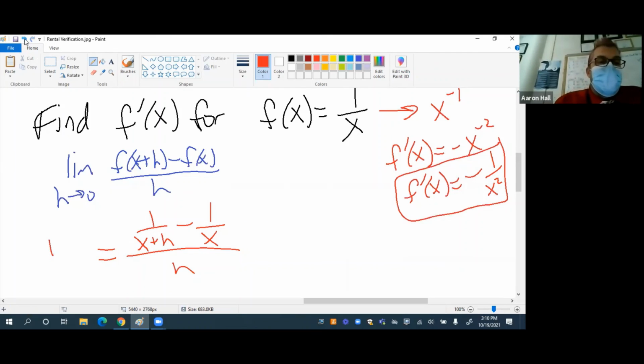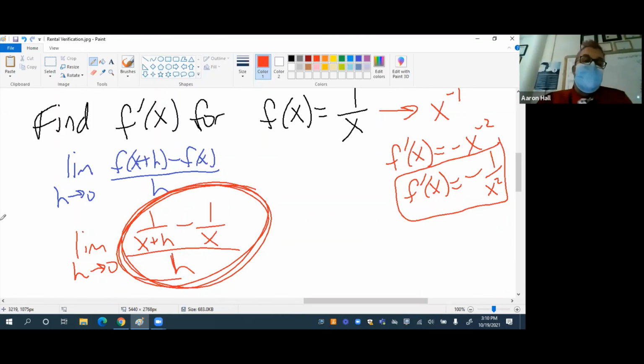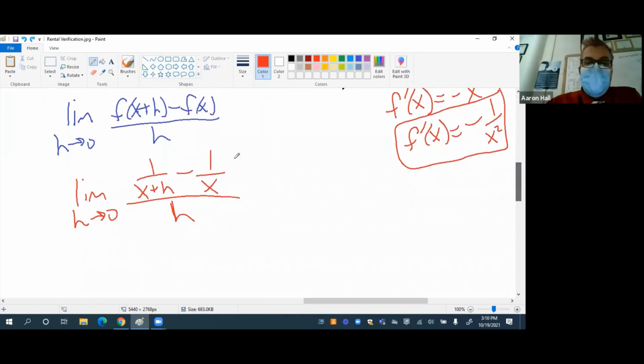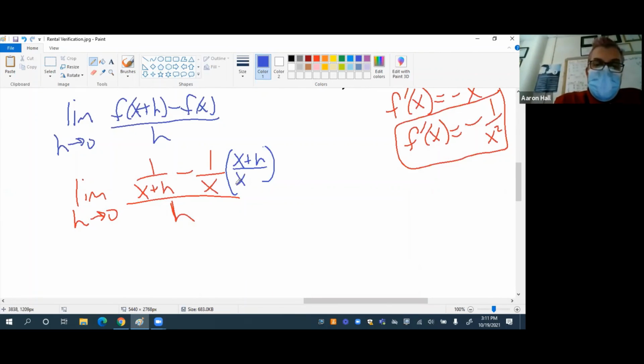Oh, not equals. How do we solve for that? Oh, that's why Mr. Hall wanted us to learn how to simplify complex fractions. So how do I add fractions? Yeah, so we need to multiply over here by 1 in the form of x plus h over x plus h.